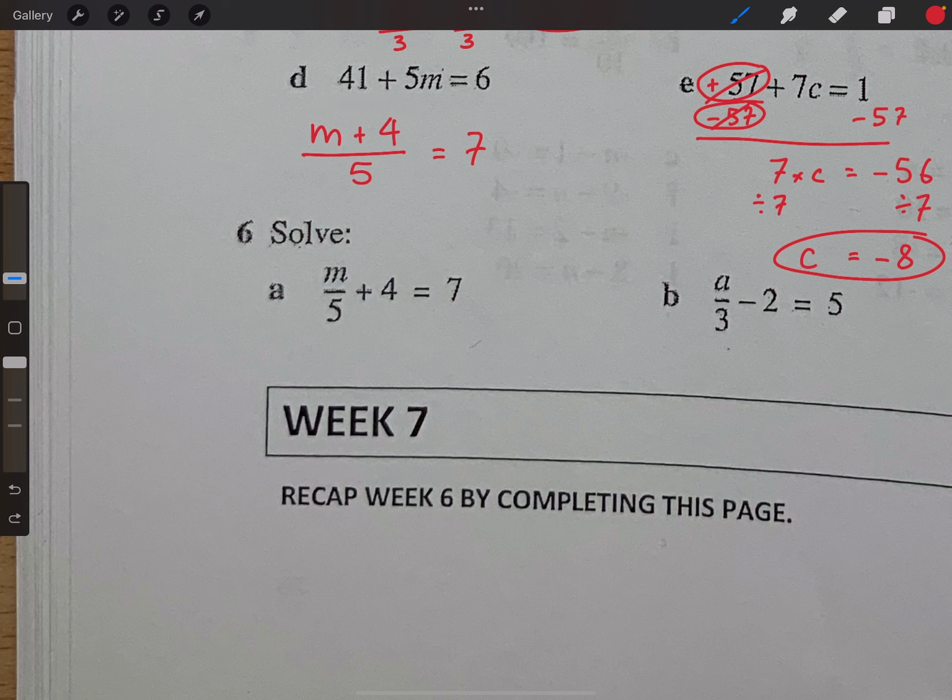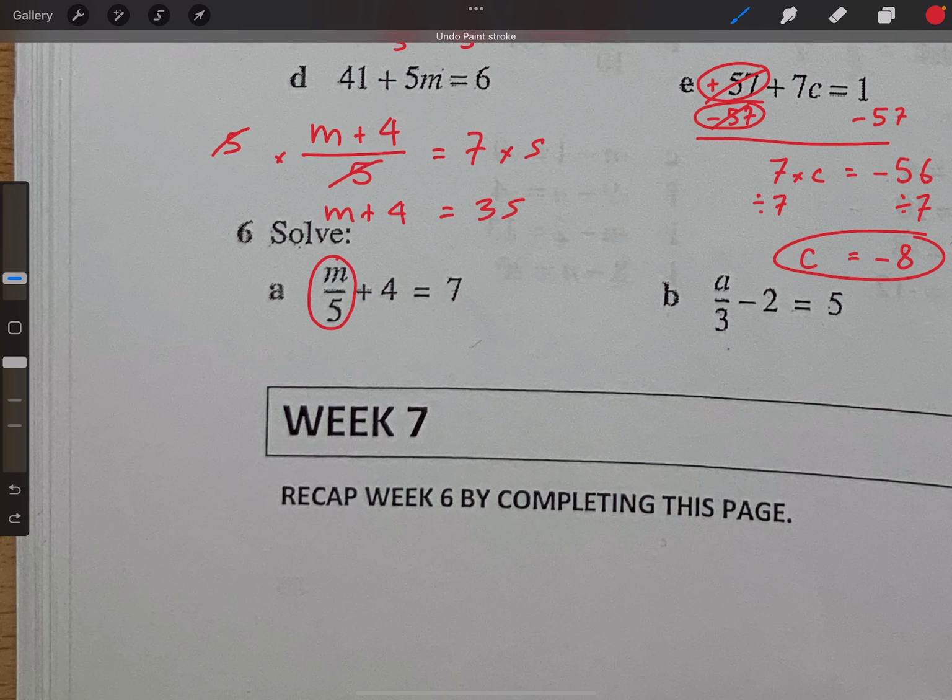So the best thing I would do is multiply both sides by 5, and that cancels this whole thing out. This will be 35, and this will be m plus 4. Okay, but in this case, this is different. Now, the one that's being divided by 5 is just the m, whereas in the top example, the whole m plus 4, that whole thing is being divided by 5.